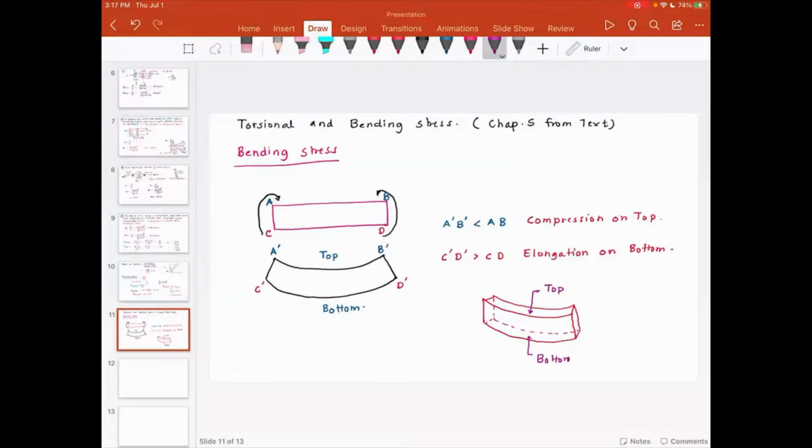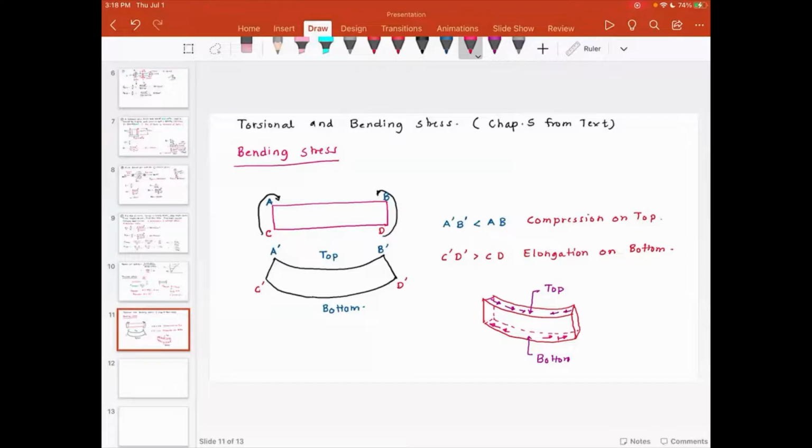So all the fibers here are kind of compressed, so I'm going to show you the load lines. And if you look at the bottom, the fibers here are stretched. So the load lines are going in the opposite direction.